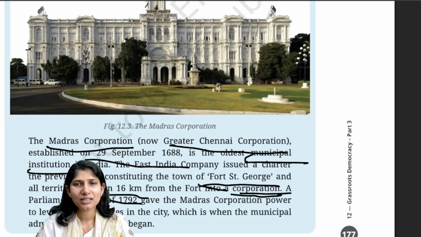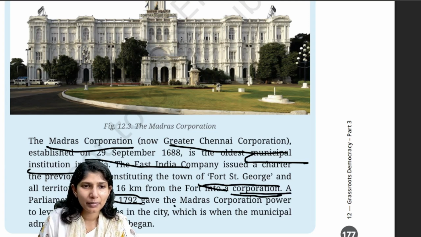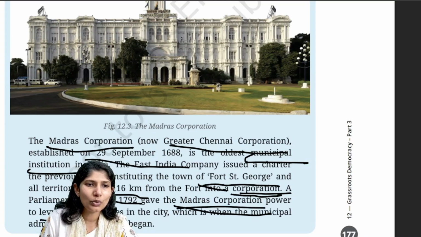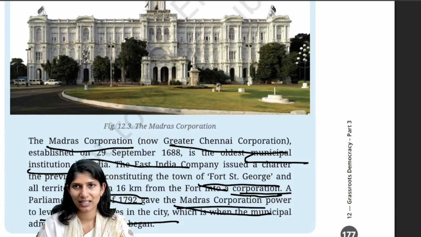A parliamentary act was also passed in 1792, which gave the Madras Corporation one important power: the power to levy municipal taxes in the city.